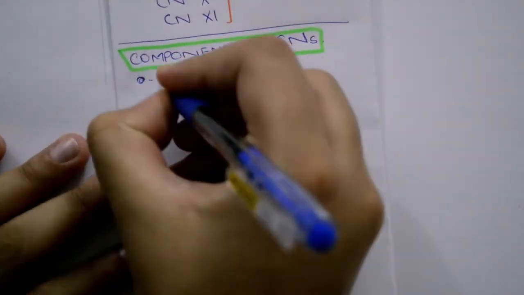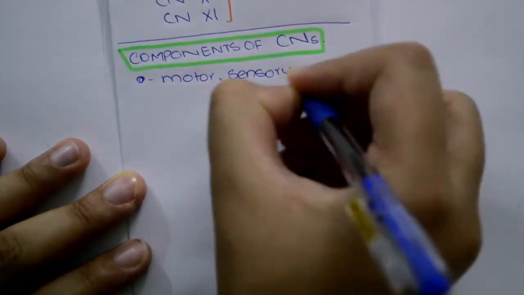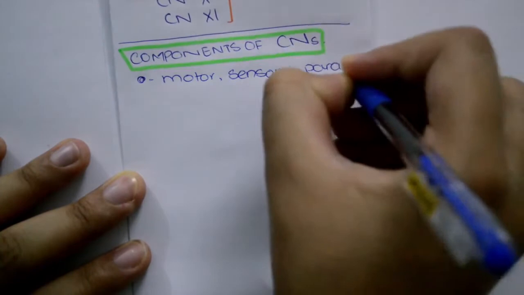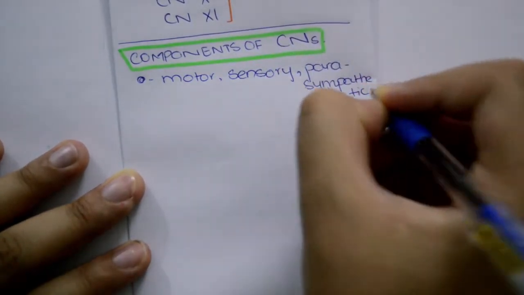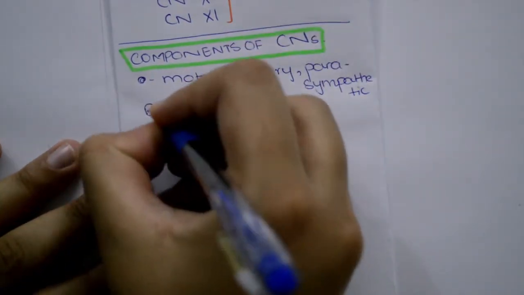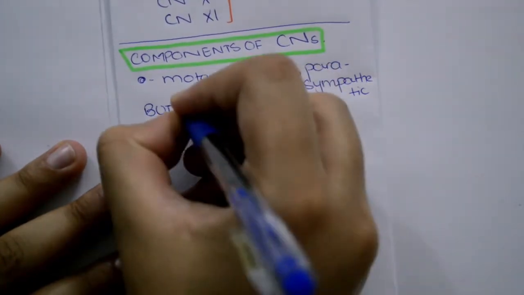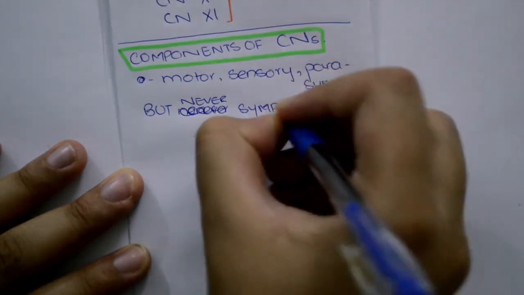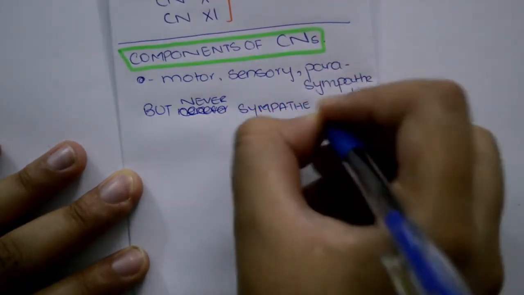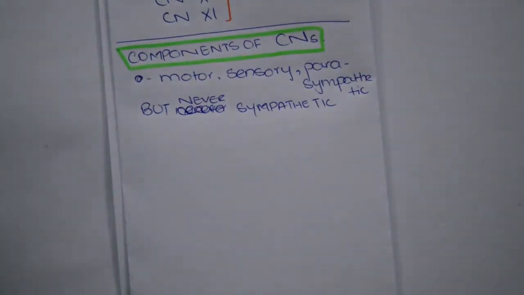The first is the motor, then the sensory, and then the parasympathetic. But never sympathetic. So a cranial nerve can be motor, sensory, parasympathetic, two of them or the 3 of them, but it can never be sympathetic. It is never sympathetic.